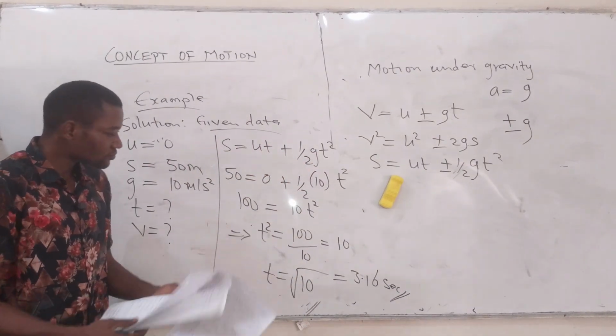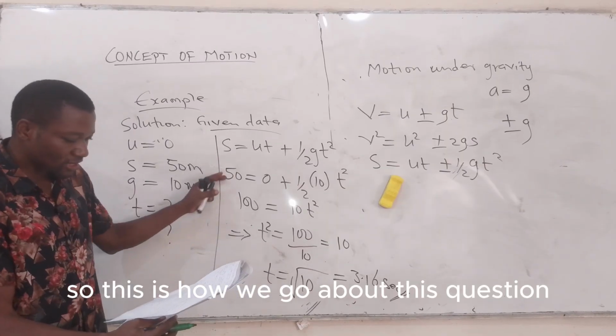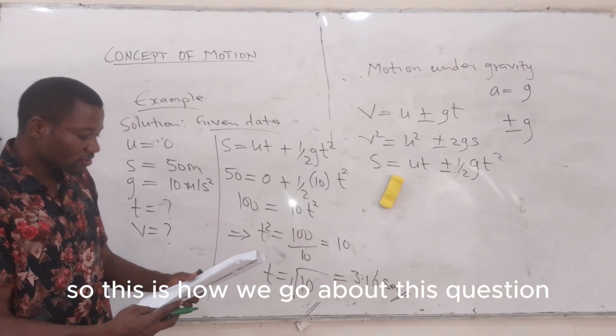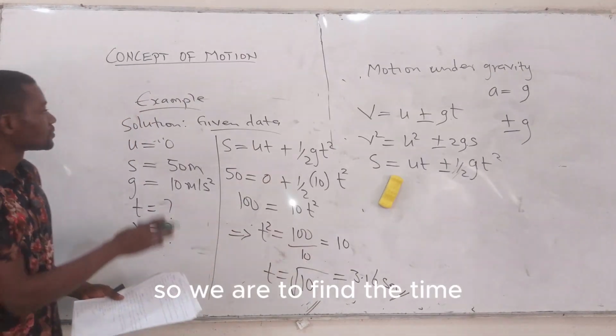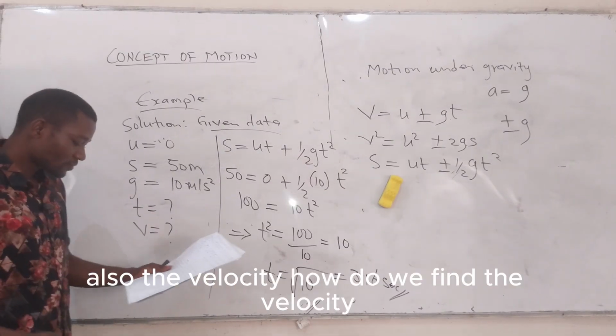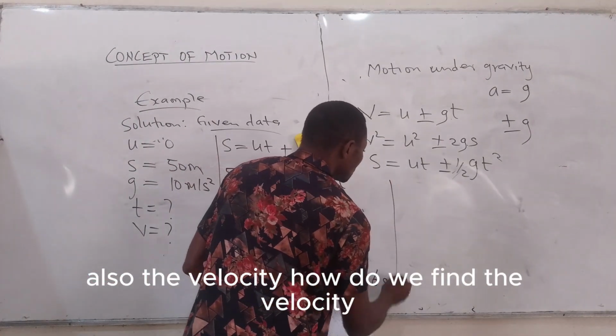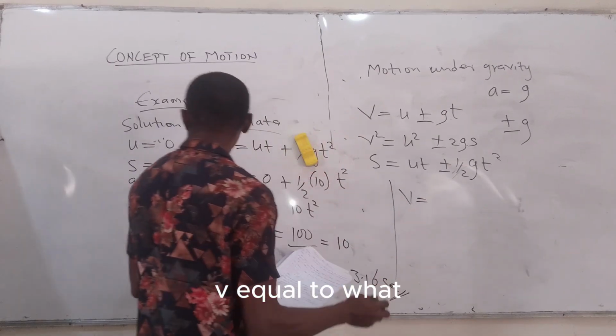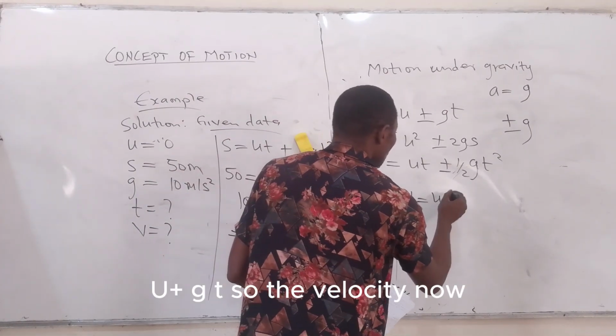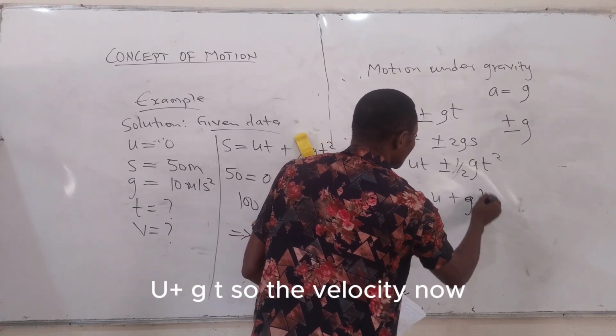So this is how we go about this question. So we are to find the time, also the velocity. How do we find the velocity? v is equal to what? u plus gt.